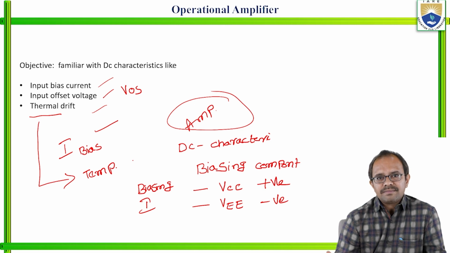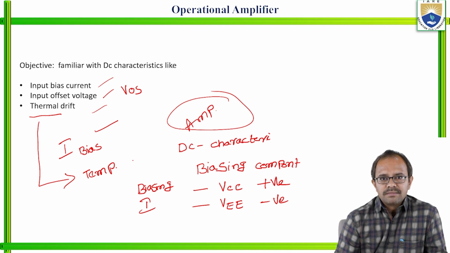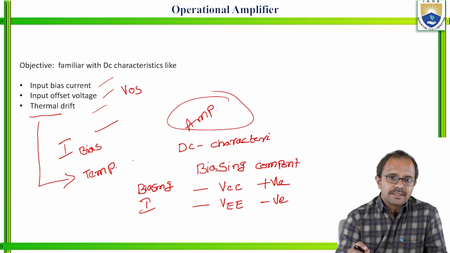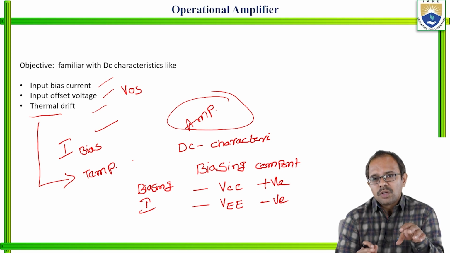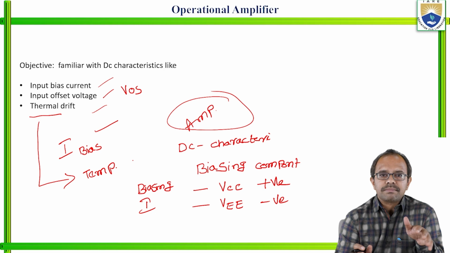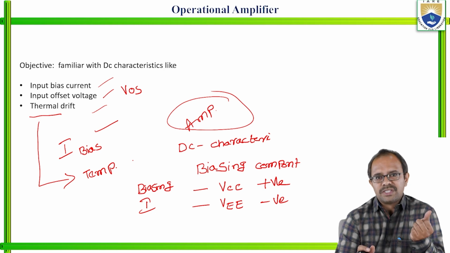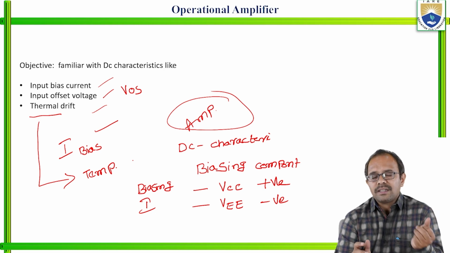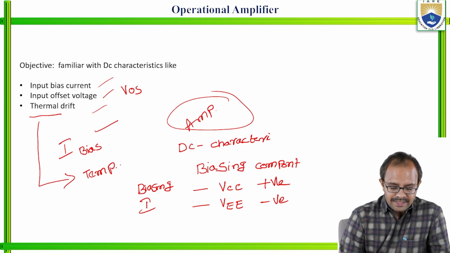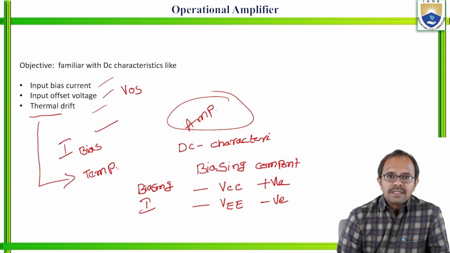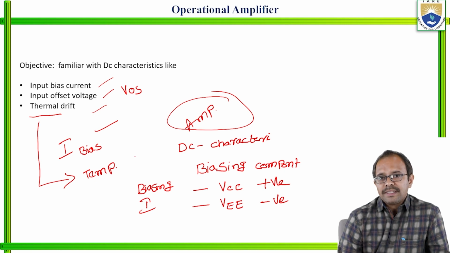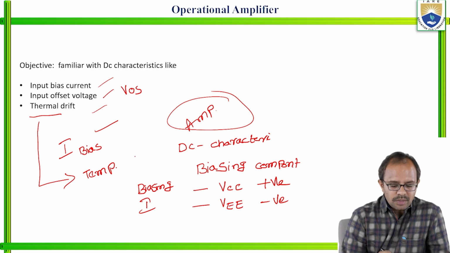Here the device is nothing but the IC, because this IC is also available in the form of a single device. So we can call it a device. But generally, do remember, device means a diode or transistor. Since the entire thing is available in the form of a single package, no problem, you can say that. So what is the effect of temperature on the functionality of operational amplifier? Is there any deviation? That's what we are going to see.